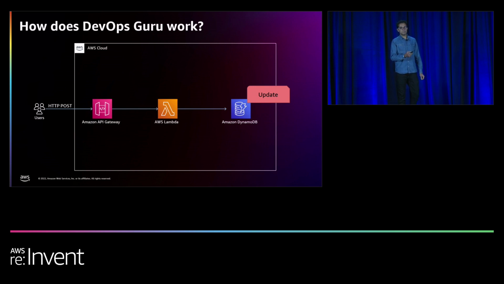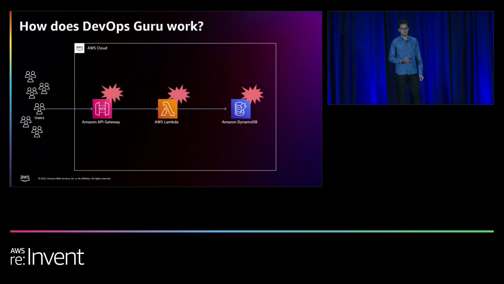So let's say that someone accidentally updates the DynamoDB table to reduce its read capacity. At the same time, there is a surge in application traffic. Eventually, your DynamoDB table will be throttled because it cannot keep up with the new number of read requests coming from the users. So in this hypothetical scenario, the admin or the operator would see all three components failing.